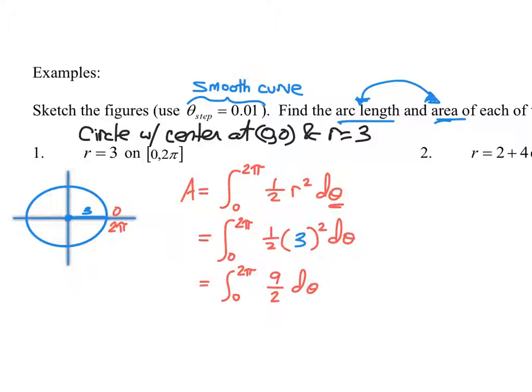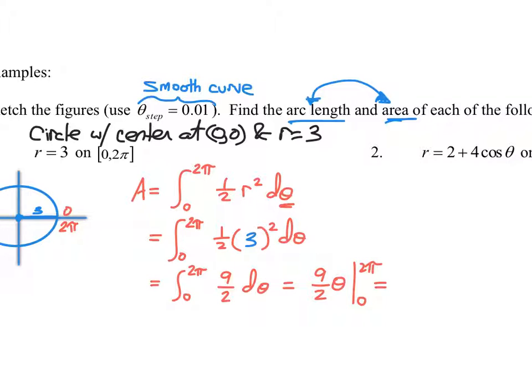All right. Integrate, we're looking at 9/2 theta over 0 to 2 pi. Plugging in the 2 pi gives you a 9 pi. Plugging in the 0 zaps away, so we're looking at 9.